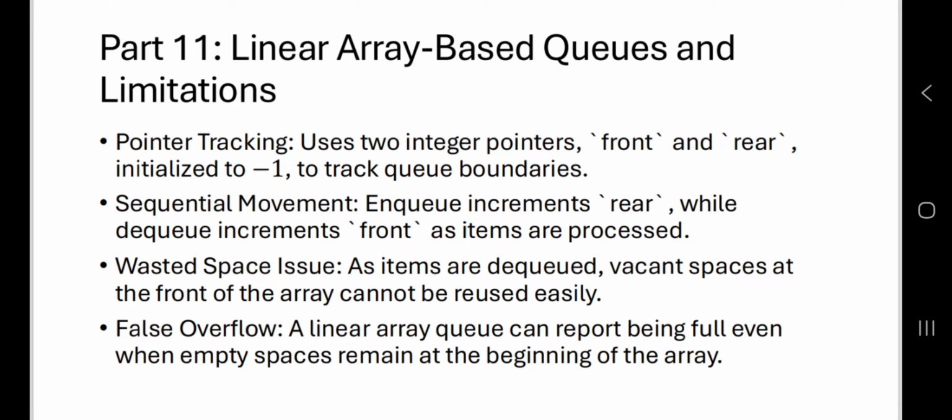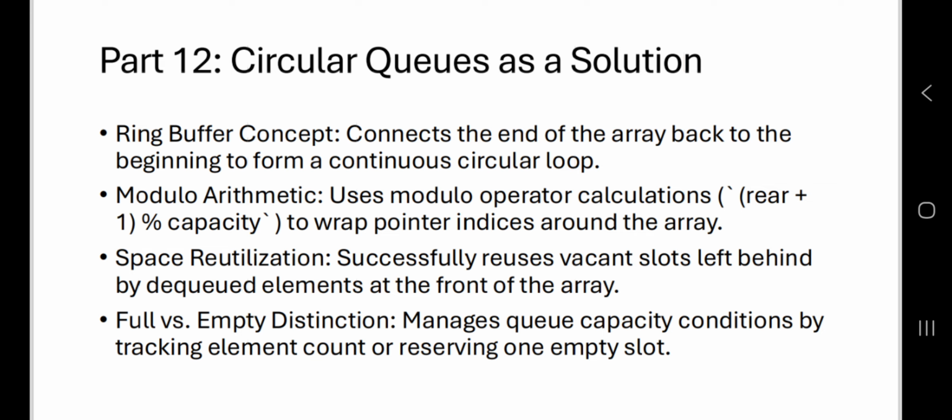It uses modular arithmetic calculation, specifically (rear plus 1) modulo capacity, to wrap pointer indices around the array. This successfully achieves space reutilization, allowing us to reuse vacant slots left behind by dequeued elements.